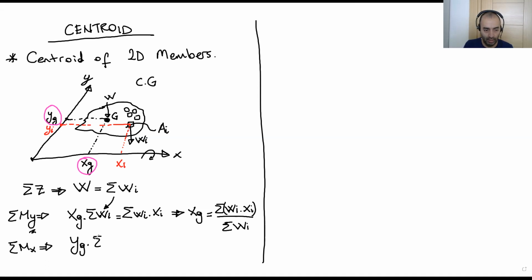Total weight is sum Wi, equals the sum of all the pieces' moments according to the x-axis, sorry, Wi times yi. So if we do the calculation here, yg equals total Wi times yi over total Wi.